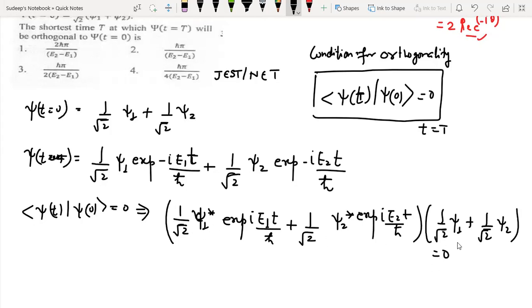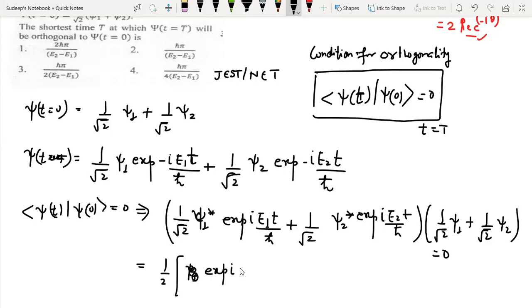And I know that psi 1 star psi 2 would be 0 because these are orthonormal states. So what remains is simply 1 upon 2, and psi 1 star psi 1 is simply 1.